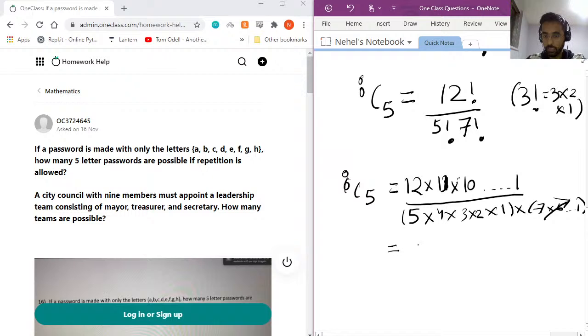So that will leave us with 12 times 11 times 10 times 9 times 8 on the numerator, and on the denominator side the 7 factorial portion goes away. We're only left with 5 times 4 times 3 times 2.